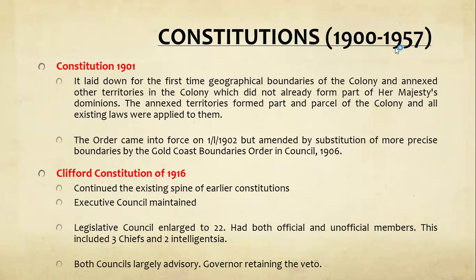That is the two local, educated persons. They were called intelligentsia. But both councils were largely advisory, and the governor was given veto power, meaning that the governor could veto, that is, override the views of the Executive Council and the Legislative Council in appropriate cases.